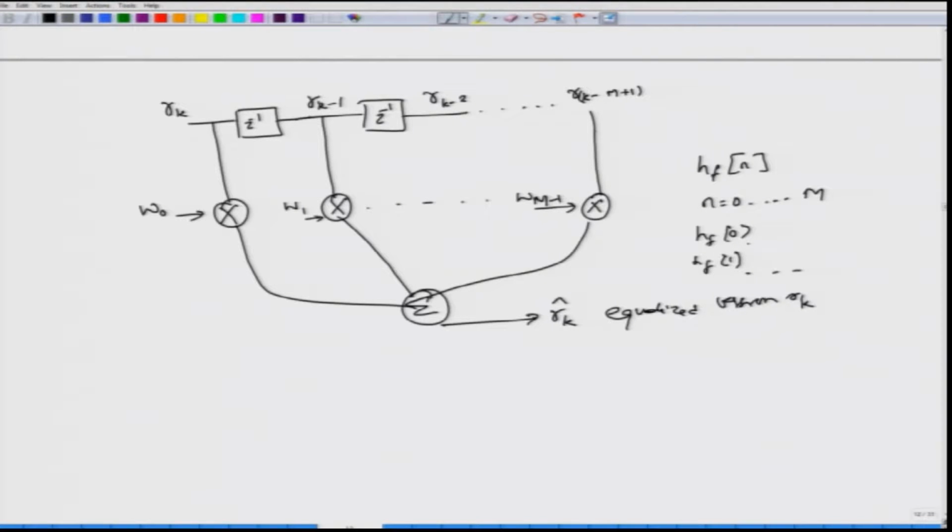Because the space constraints would not allow me to write Hf of 0 correctly, I renamed Hf of 0 as W0, Hf of 1 as W1 and eventually Hf of m minus 1 as W of m minus 1. So, these are the same impulse responses. Now, here is a catch. What value of m should I choose?